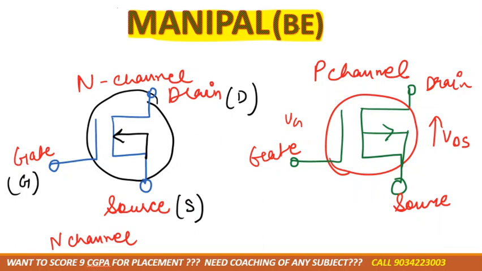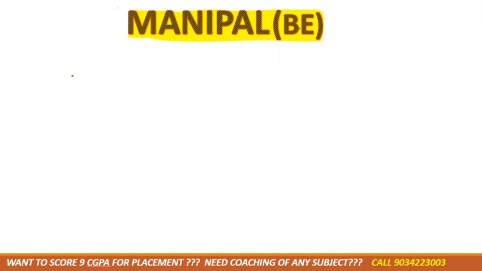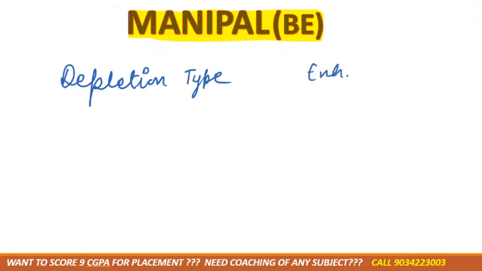And one more thing, they have divided the MOSFET into two different types. First, write down this one, then I'll tell you. Again, the MOSFET is basically divided into two categories. One is the depletion type, and another one is the enhancement type.